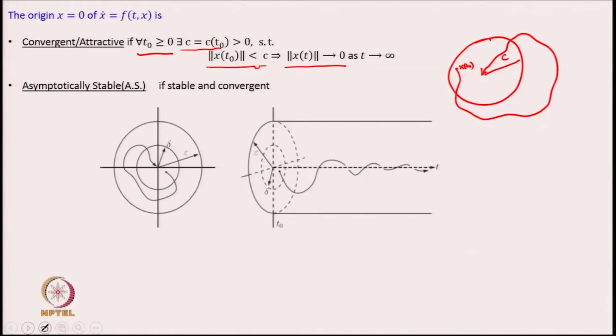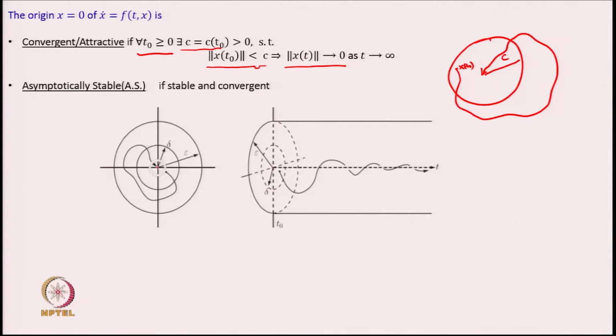This illustrates the asymptotically stable equilibrium point, where the initial conditions start within some delta ball, and for all future time they stay within this epsilon ball. This has to be satisfied for all epsilon. If it is indeed true, we say that the equilibrium point is stable, and in addition to that we also see here that the state trajectories eventually converge to the equilibrium point.